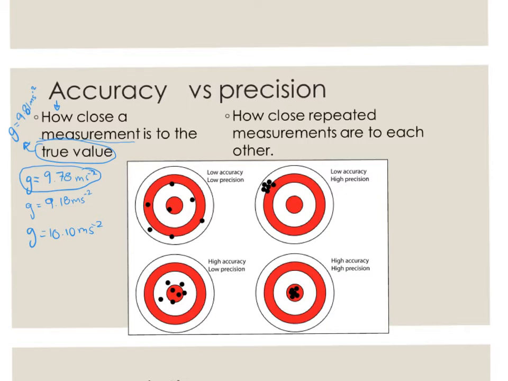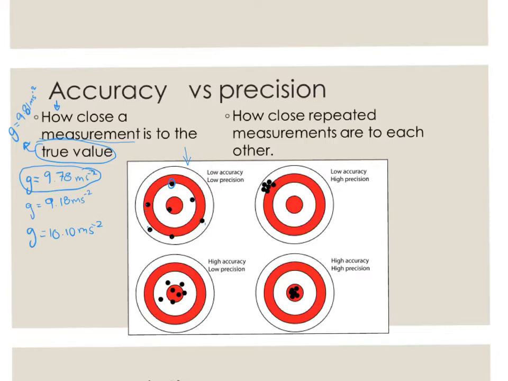So if we made repeated measurements, consider the black dots on the bullseye to be the measurements that we make. Imagine taking measurements and your measurements are all over the place, like in the first diagram here. If they're all over the place, that means there's low precision.